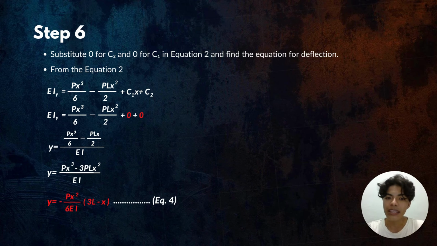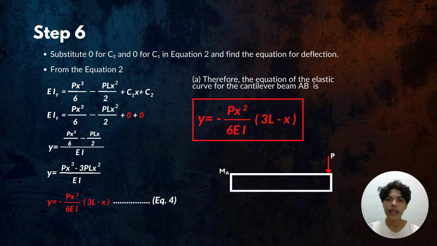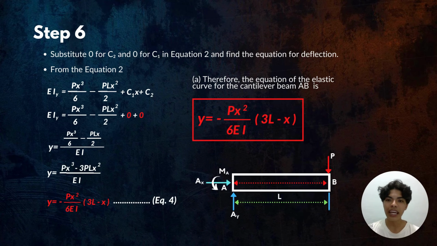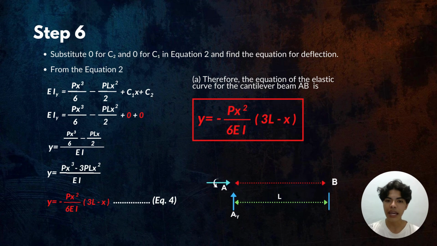Substitute, and we're going to isolate y, and the equation will become y is equal to negative Px squared over 6EI times the quantity of 3L minus x, and this equation will become our equation 4. Therefore, the equation of the elastic curve for the cantilever beam AB is y is equal to negative Px squared over 6EI times the quantity of 3L minus x.